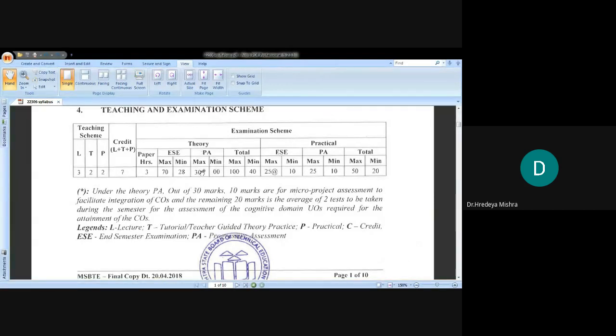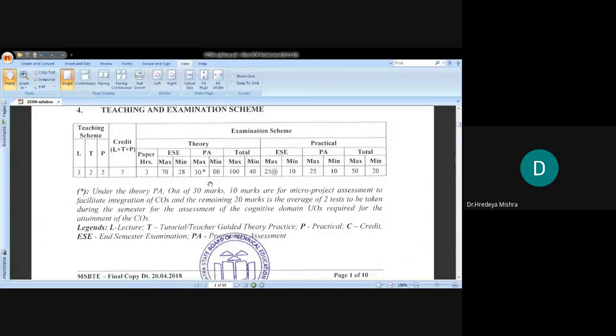And for the theory assessment, 30 marks are there, and these 30 marks are based on your class test 1, class test 2, and your micro project. Okay, 20 marks for your class test 1 and class test 2, and 10 marks for your micro project. So all this is about your external exam.